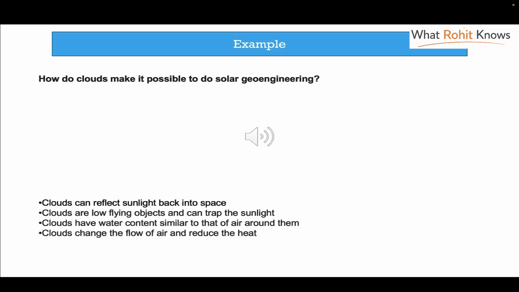The basic idea of solar geoengineering is that we can cool things down just by reflecting a little bit more sunlight back into space. And ideas about how to do this have been around literally for decades. Clouds are a great way to do that, these low-lying clouds. Everybody knows it's cooler under a cloud. I like this cloud because it has exactly the same water content as the transparent air around it.